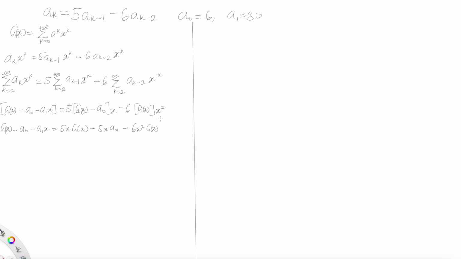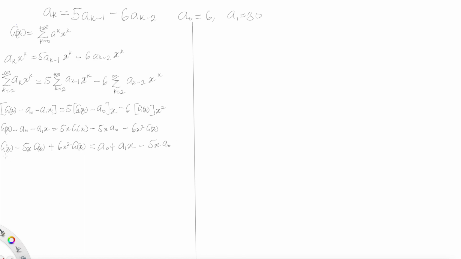Then we could group the g of x's to one side and the other terms to the other side. So here we have g of x minus 5x g of x, plus 6x squared g of x equals, then we take these two terms to the opposite side, a naught plus a1x minus 5x a naught.